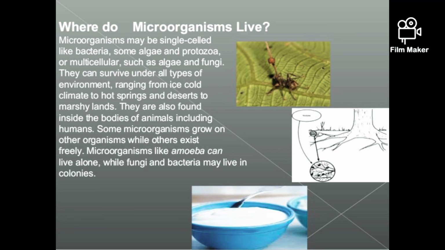They can survive in all types of environments, ranging from ice-cold climates to hot springs and deserts to marshy lands. They are also found inside the bodies of animals including humans. Some microorganisms grow on other organisms while others exist freely. Microorganisms like amoeba can live alone, while fungi and bacteria may live in colonies.